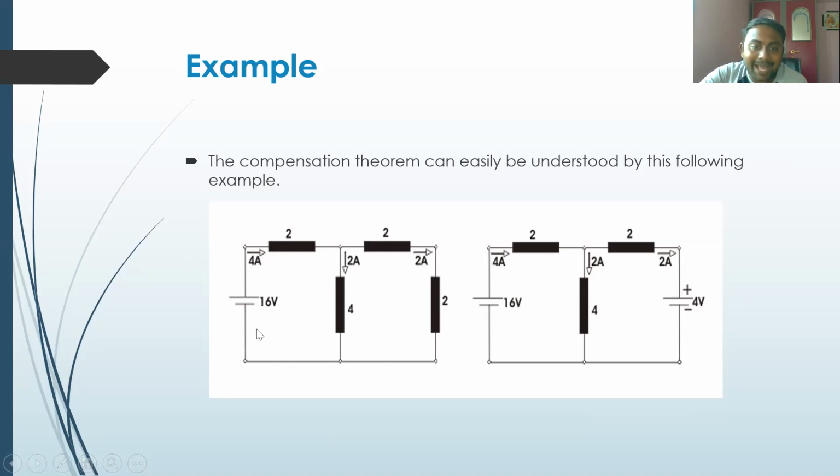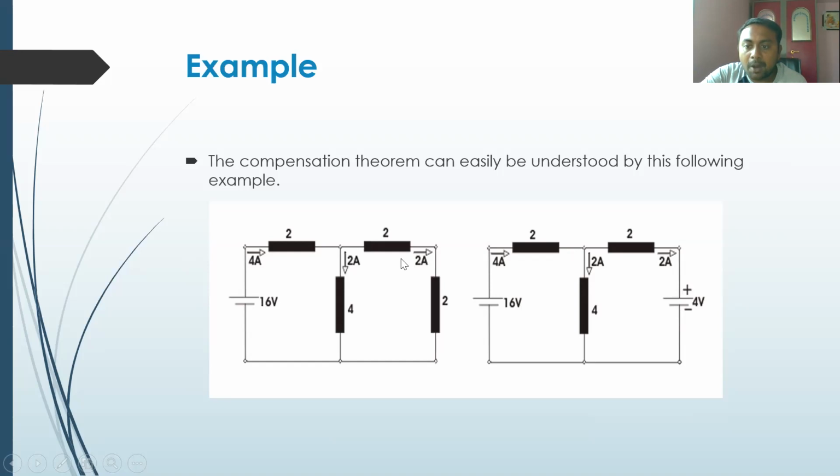So I can replace the last branch, the 2 ohm resistance, with a voltage source. If I consider this as terminal X and this as terminal Y, and the current direction is from X to Y, I have to place X as positive and Y as negative.